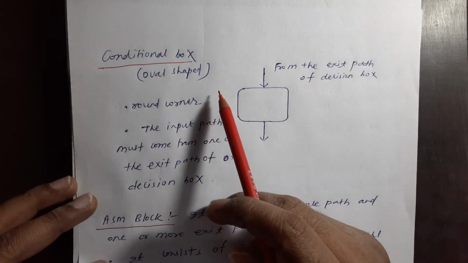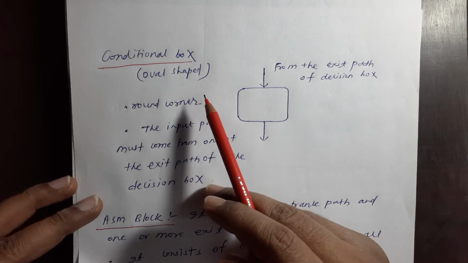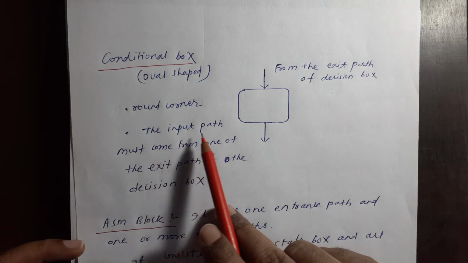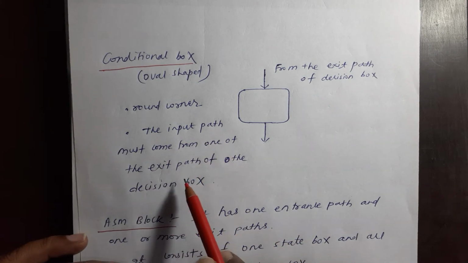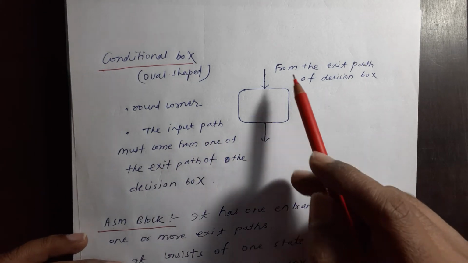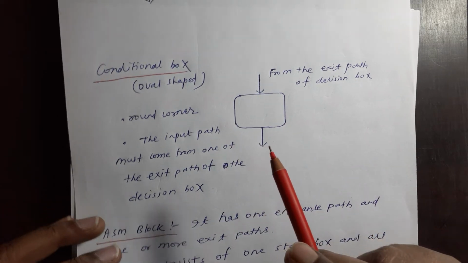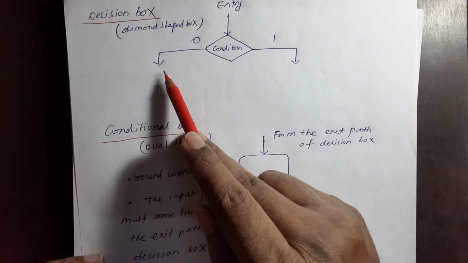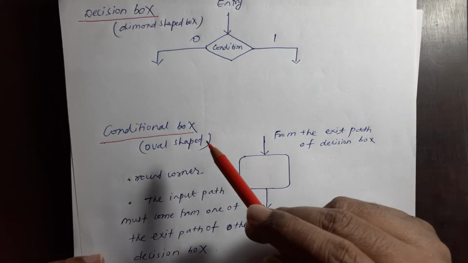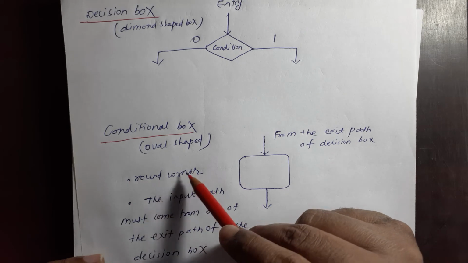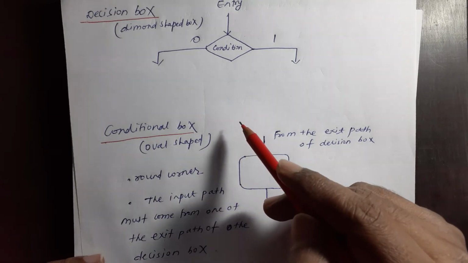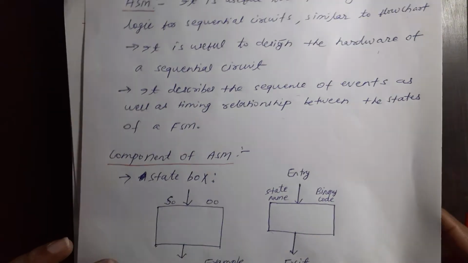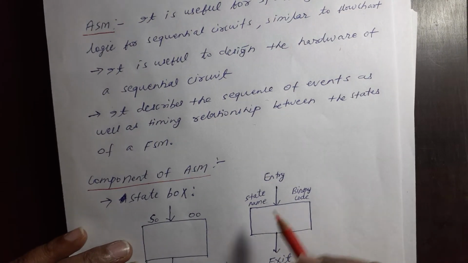It is represented by an oval shaped box, so it has round corners, and the entry path must come from one of the exit paths of the decision box. So the conditional box will always be connected at the exit path of the decision box. Basically, the conditional box is used for Mealy output, and for Moore output, it is shown inside the state box.